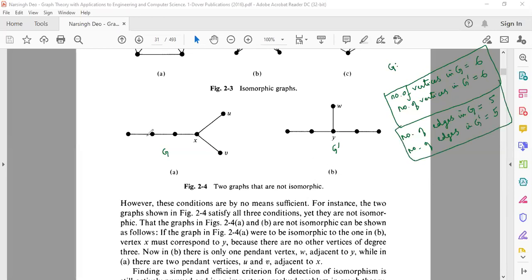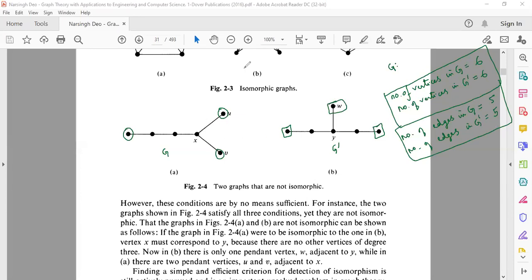Now you can see that in this particular graph, three vertices are there with degree 1. This is the vertex U, V, and this one, they are having degree 1. Here also we have 3 vertices having degree 1. No problem.